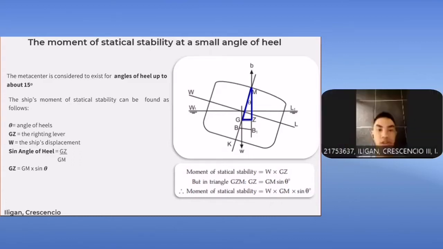To find GZ, we multiply GM times sine theta, the sine of the angle of heel. So let's proceed to our example problem.